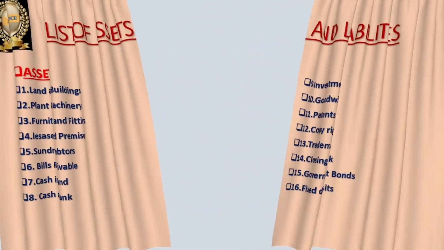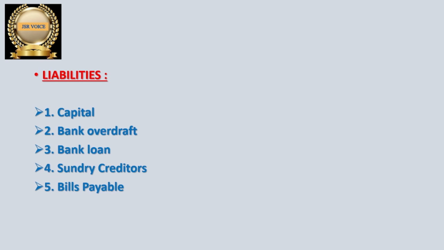And here is the liabilities list. I have given 5 liabilities here. I'll read those liabilities: capital, bank overdraft, bank loan, sundry creditors, bills payable. So these are liabilities.